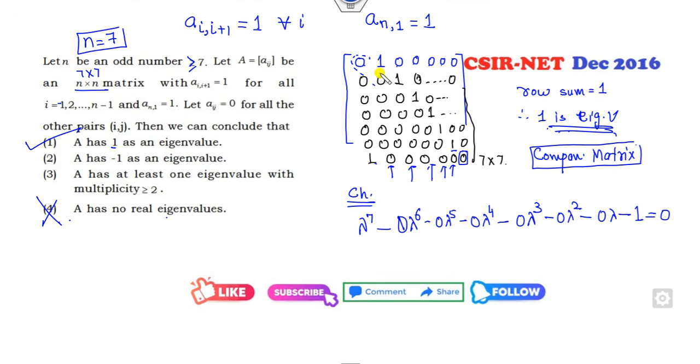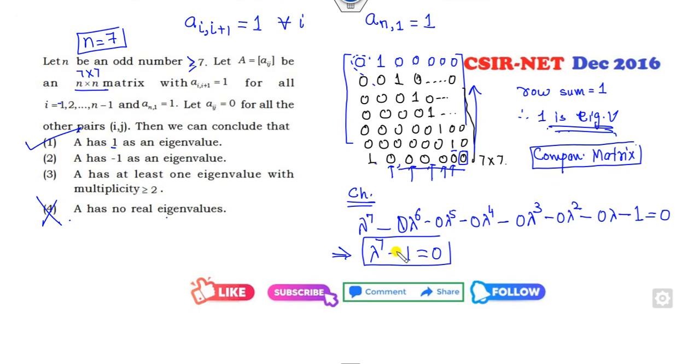Make sure that if the 1s appear below the diagonal entries, then you have to look at the column. If the companion matrix is written with 1s above the diagonal, then you have to take the last row. Then your companion matrix will be this one.